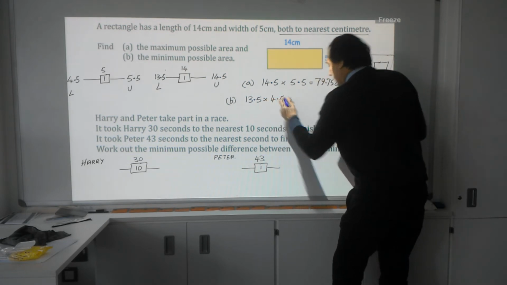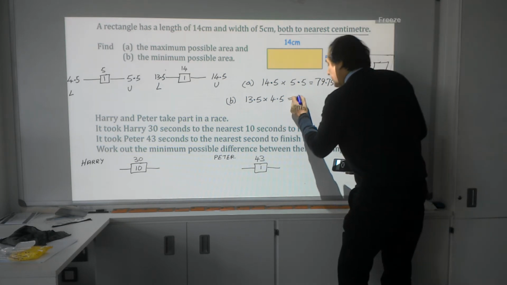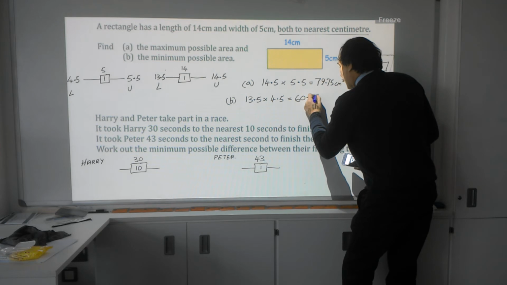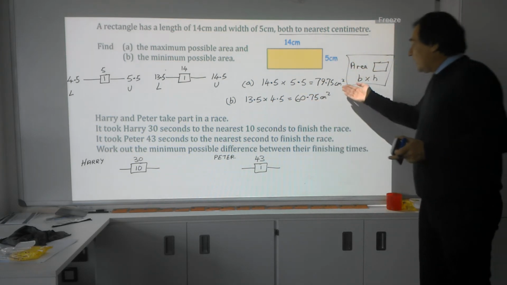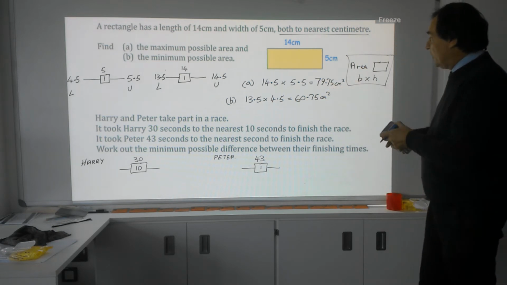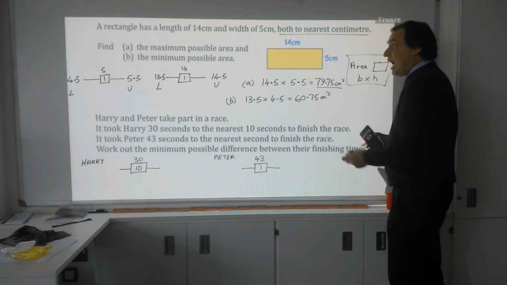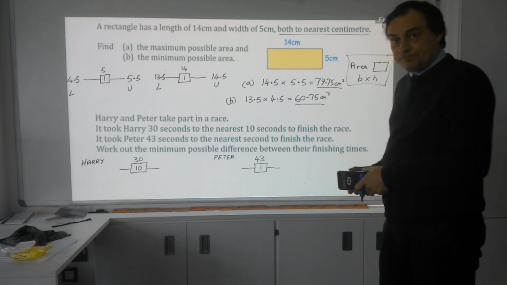Out with the calculator again, 13.5 times 4.5 gives me 60.75 centimetres squared. So those are the upper and lower bounds of the area. In other words, the maximum possible is 79.75 and the minimum is 60.75. That's that sort of problem.